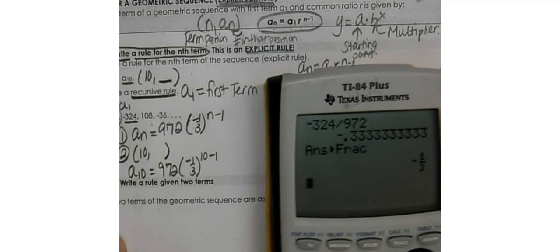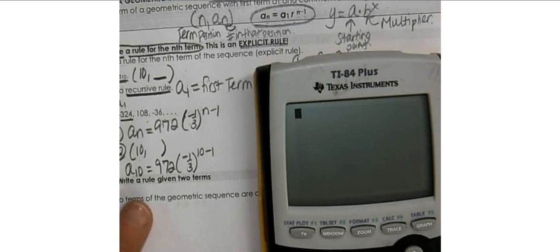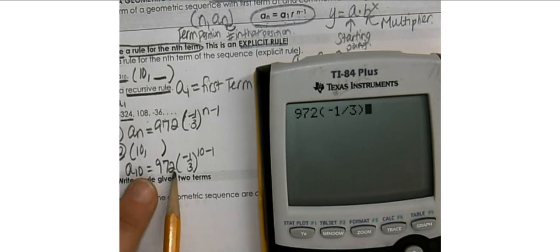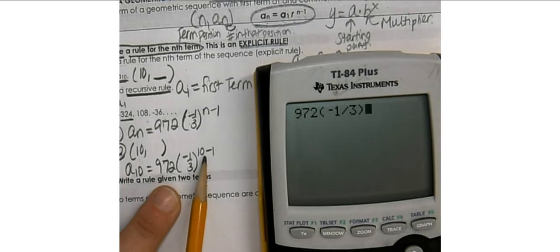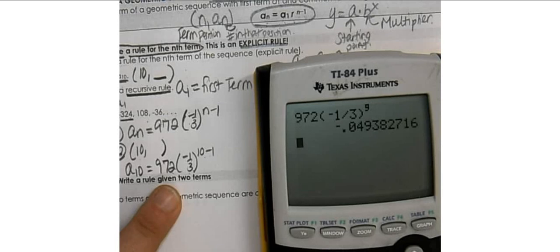And you can enter this whole thing into your calculator exactly as you see it, because there are no variables. We can simply solve it with ease. So I have 972 times negative 1/3, and I'm going to raise this to the 10 minus 1 power, which is the 9th power. And that is equal to negative 0.049, and this is a decimal.